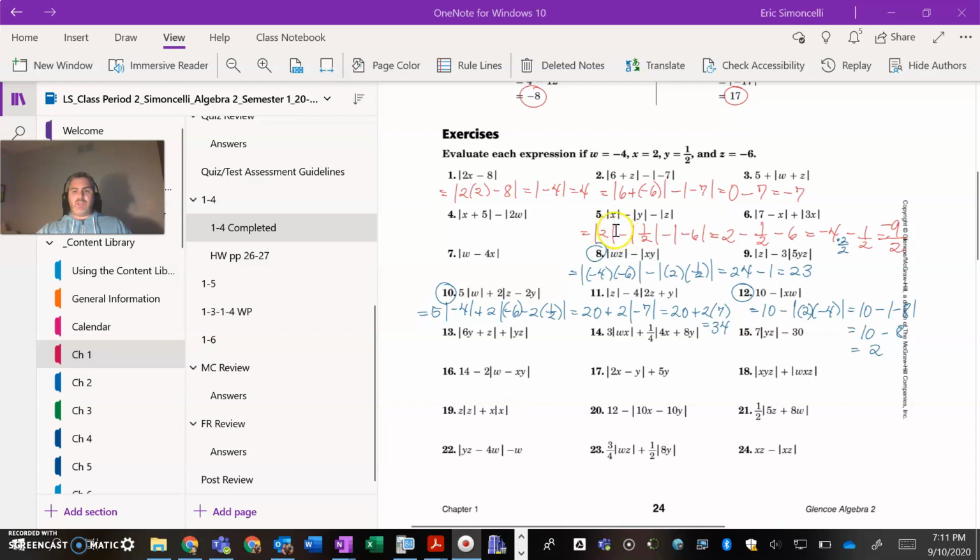Number 5, the absolute value of x minus the absolute value of y minus the absolute value of z. So absolute value of 2 minus absolute value of 1/2 minus absolute value of -6, or 2 minus 1/2 minus 6. I got a common denominator here.